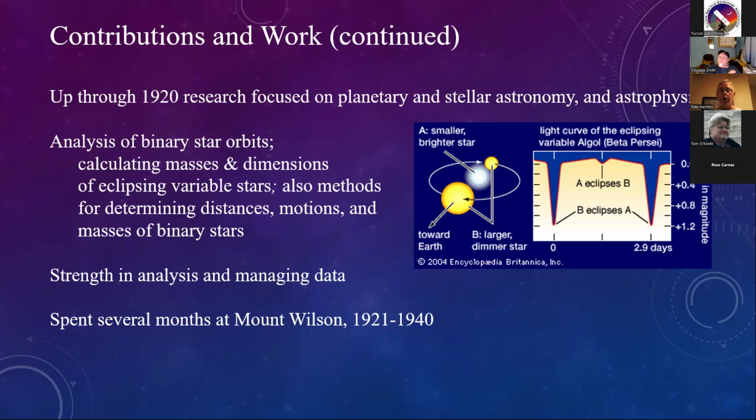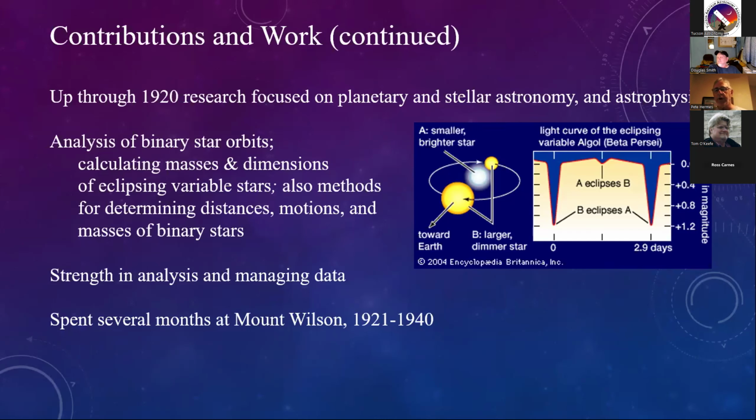Of course, this only works when the plane of the orbit is in line with the Earth. In other words, we're not looking at them at 90 degrees. One star will pass in front of the other and behind the other occasionally, and you're going to see these two changes. You see the graph over there, which is the change in luminosity, or the light.